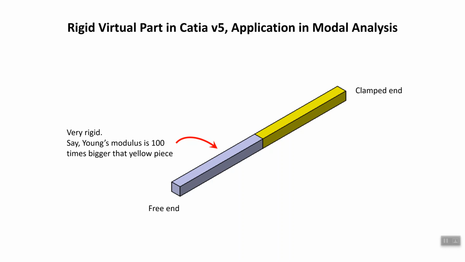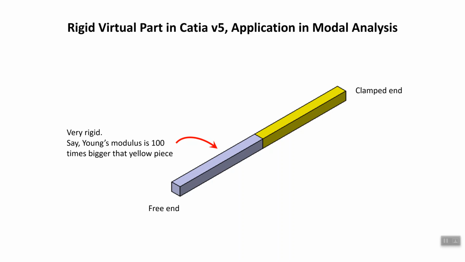For example, the Young's modulus of it may be 100 times bigger or 10 times bigger. That being the case, the deformation of the gray portion of the part, this beam, is much smaller and negligible compared to the one on the right, the yellow one.